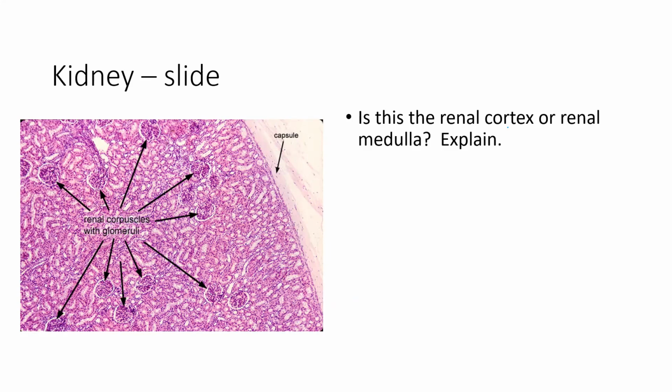Well, the answer is you're looking at the cortex because you see all these glomeruli, right? Glomeruli are only found in the cortex and not the medulla. Only part of the loop of Henle goes down to the medulla, as well as the collecting duct, right? Okay. All right, that's it for kidney.